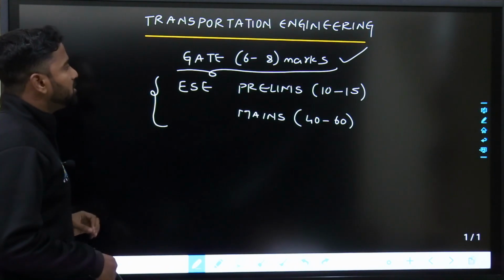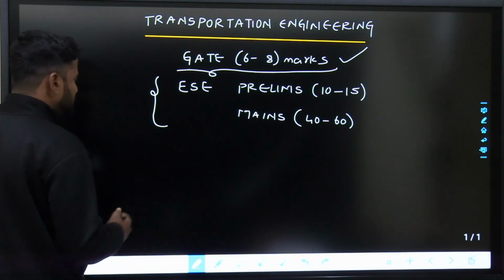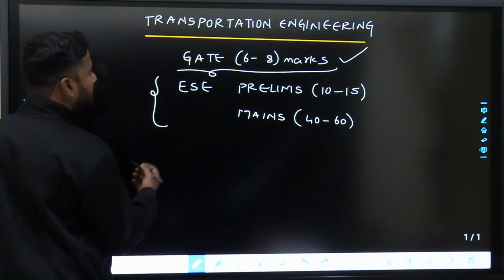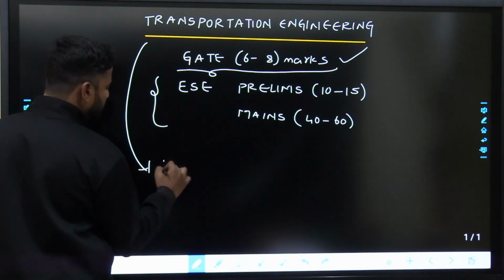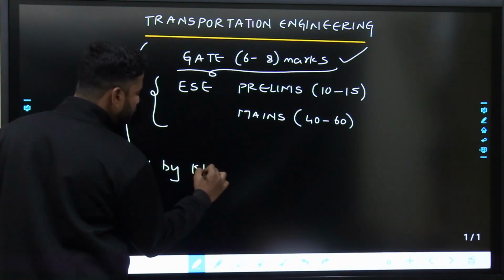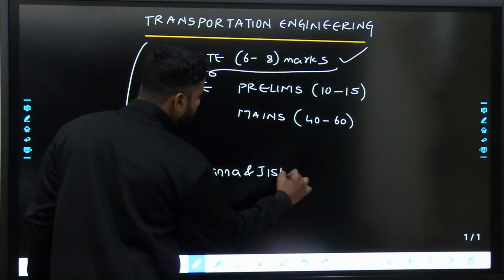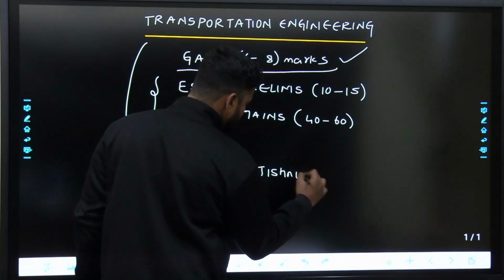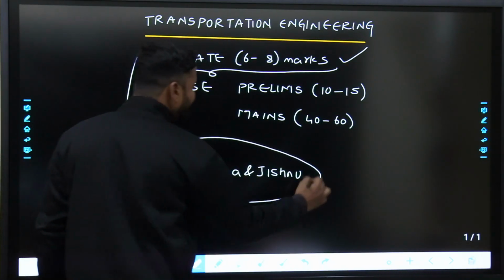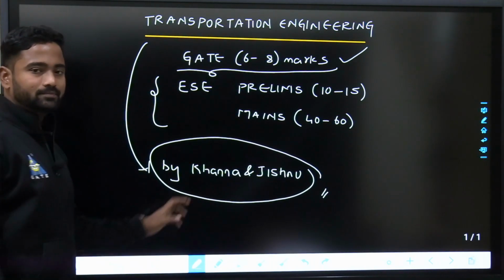If you ask me about books, it is Transportation Engineering or Highway Engineering by Khanna and Justo. The spelling of Justo may be different, so please manage it.